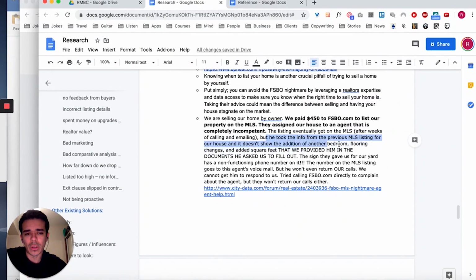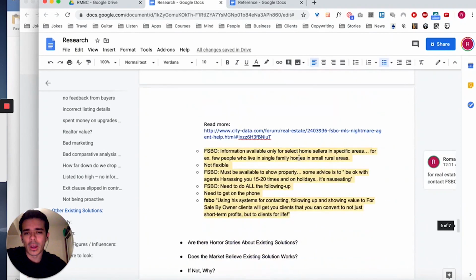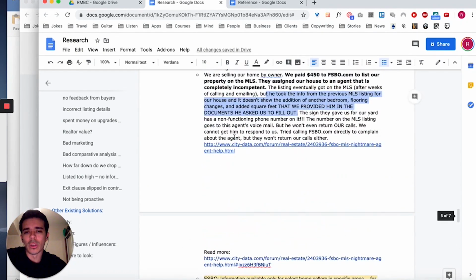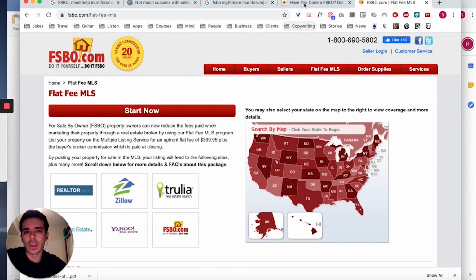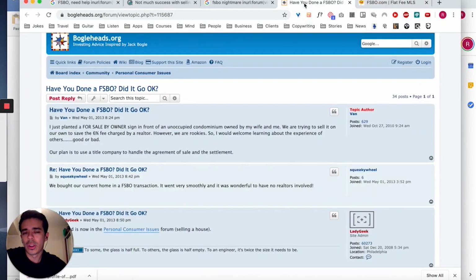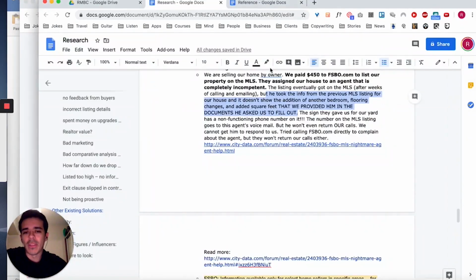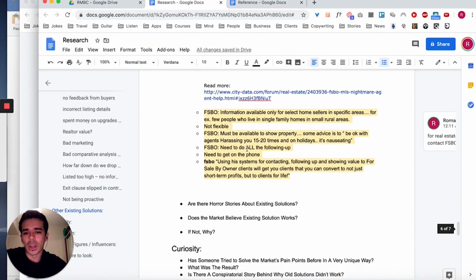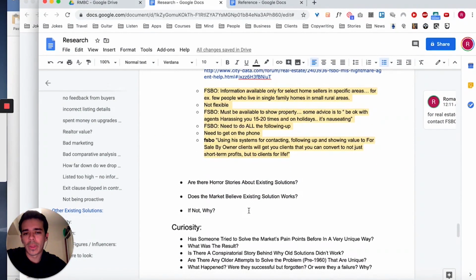It doesn't show the addition of another bedroom, all this incorrect information. What you want to do is use the same search entry point and continue down this path and try and find stuff that is really, really bad, right? And then that would essentially turn into your horror story.